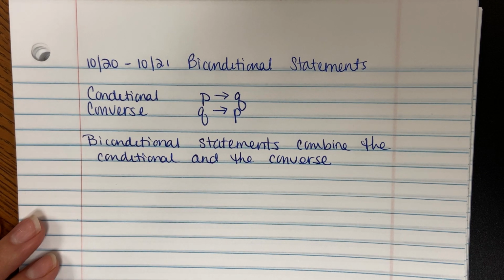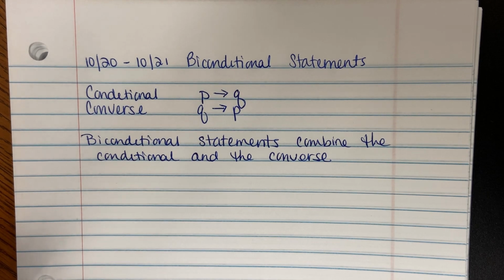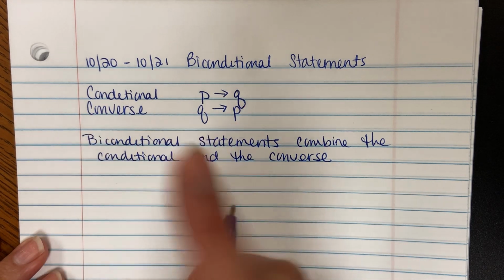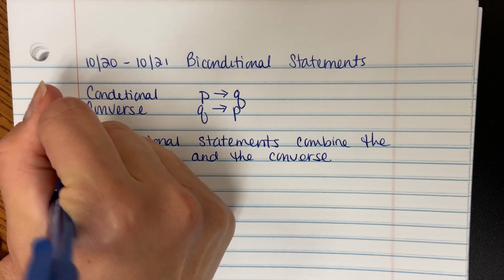Okay, so what this means is, well, first of all, before I even tell you what a biconditional statement is, the only way you can write a biconditional statement is if the conditional statement and its converse are both true. So we're gonna put big marks here.